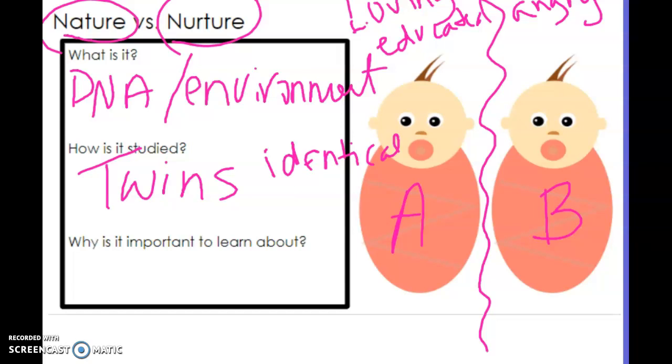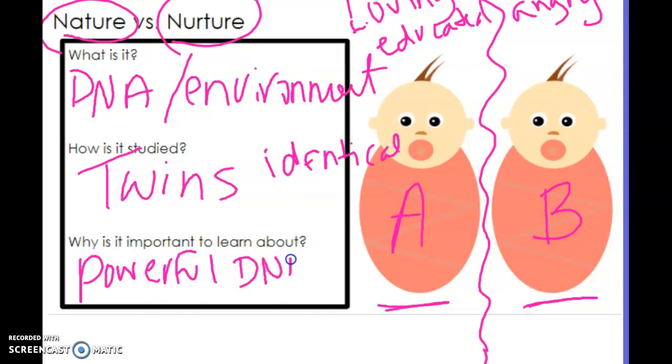This is going to possibly determine how baby A reacts to the world versus baby B, even though they have the exact same genes. So this is so important to learn about because we see how powerful your genetic DNA traits are versus the environment in which you were raised.